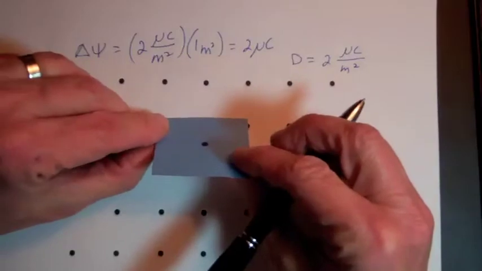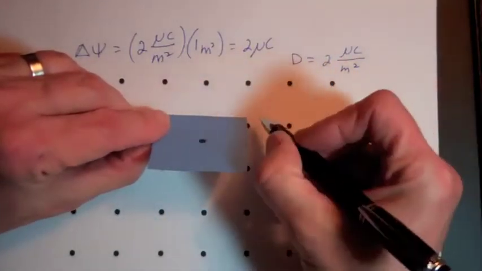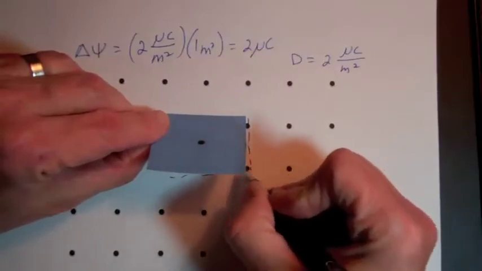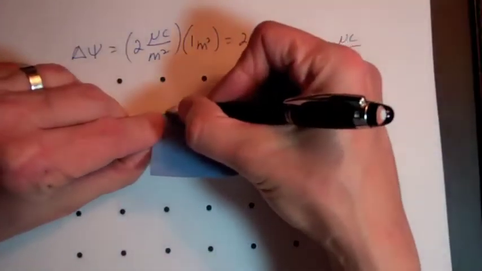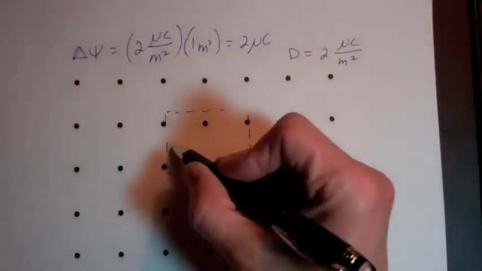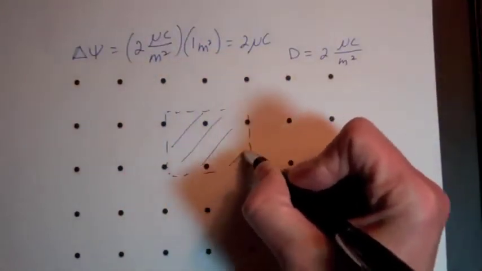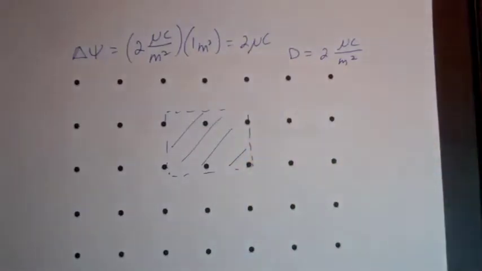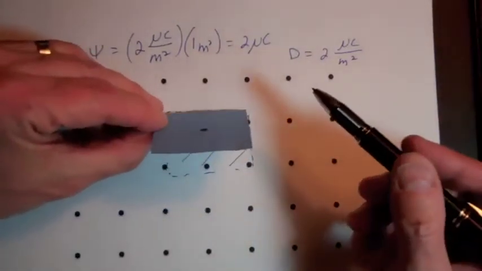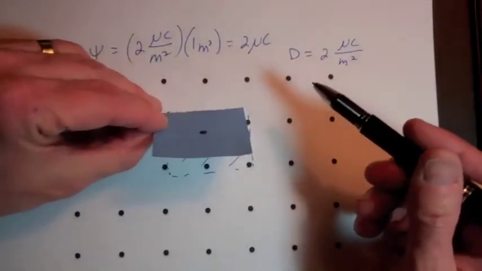And the way to determine that is to take the projection of this surface onto the plane of the page. So this will give us some cross-sectional area in the plane of the page that is going to be less than the 1 square meter of our surface here.